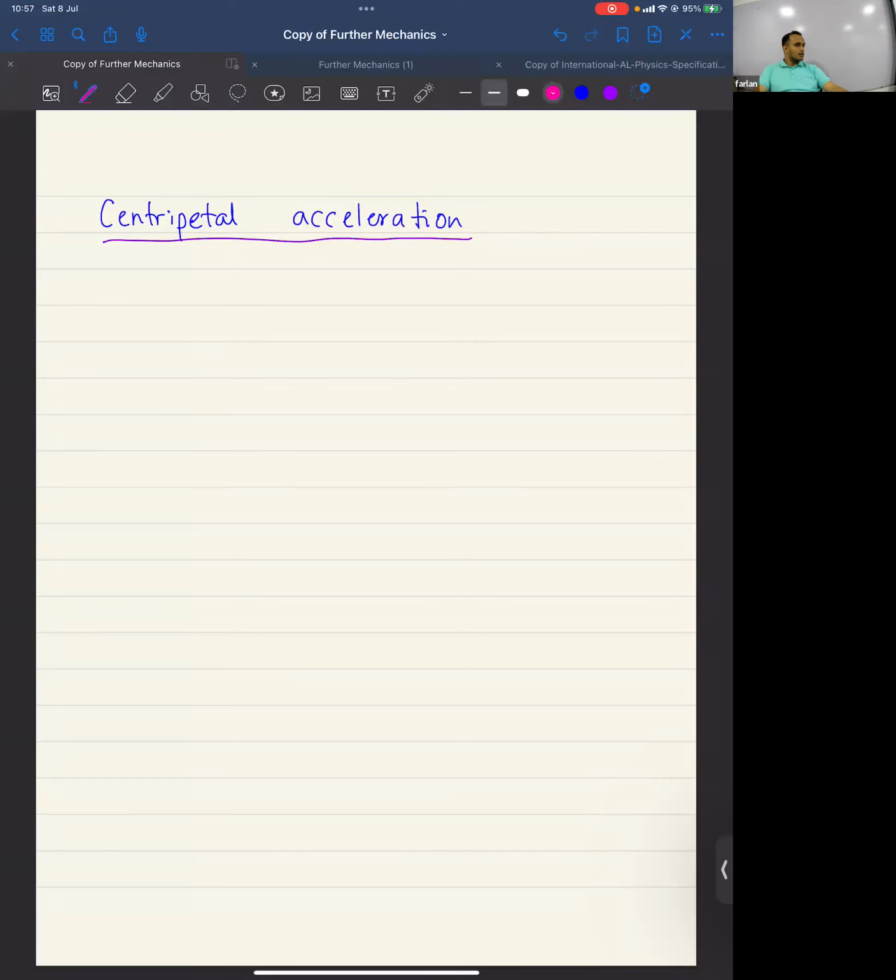That acceleration is called centripetal acceleration, and it is always towards the center of the circle. Understood?